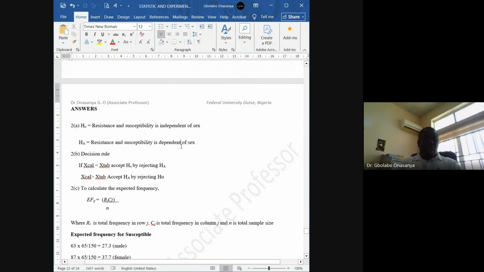Now, we have to calculate expected frequency. In a contingency table, there is a slight difference in how we calculate expected frequency.